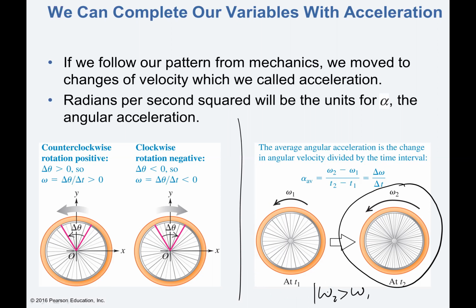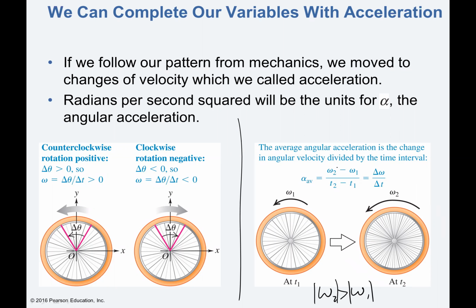Okay, that means omega 2 is greater than omega 1. But because omega 1 was counterclockwise, meaning omega 1 was positive, and omega 2 is longer, it's still counterclockwise. That means omega 1 is positive, omega 2 is positive, and omega 2 is greater than omega 1.